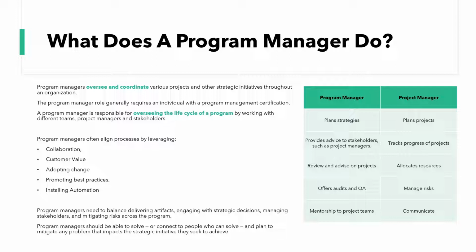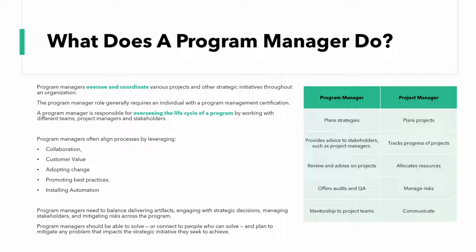So on the right hand side here, we've got the main differences between a program manager and a project manager. You can just see the difference in scope really. A program manager is more about the strategy, whereas the project manager is on the independent project. The program manager is looking to provide advice to stakeholders, and they often are in contact with individual project managers. Whereas the project manager is looking to track the individual progress of each project they are assigned to.